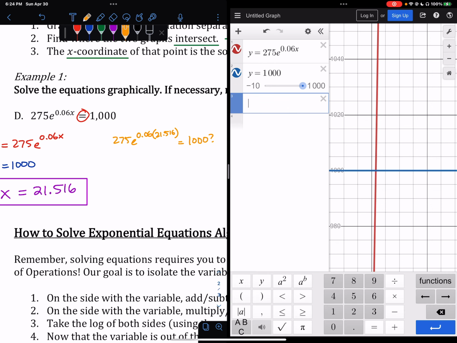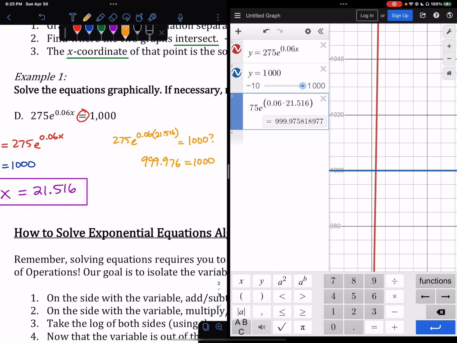Okay, you've got Desmos pulled up. So we're going to do 275 e to the power of 0.06 times, we've got to put parentheses up here, 0.06 times 21.516, and we get 999.976.